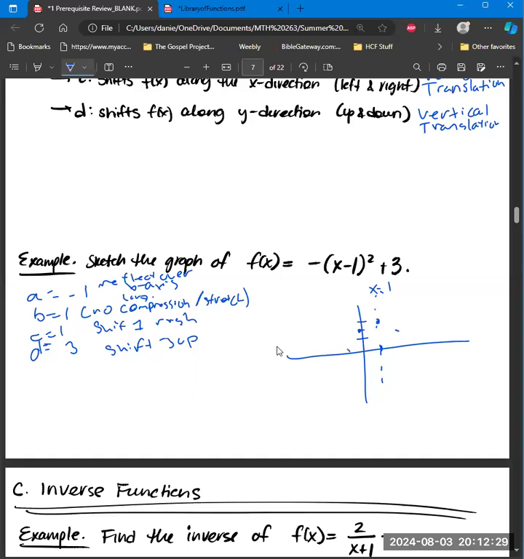And if we go 2 right, we should go 4 down. So 1, 2, 3, 4, should be like this. Like so. And that should be our f of x. And our new vertex, like we said, is at 1, 3.